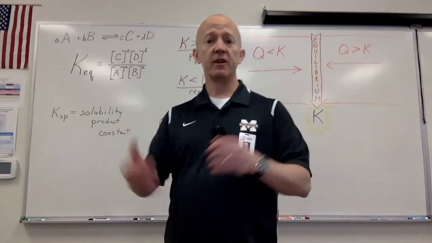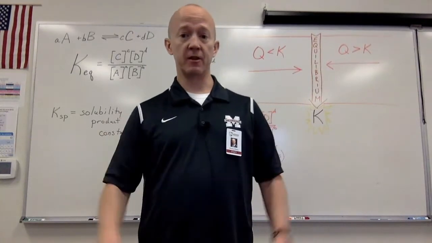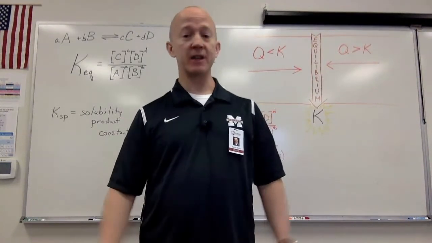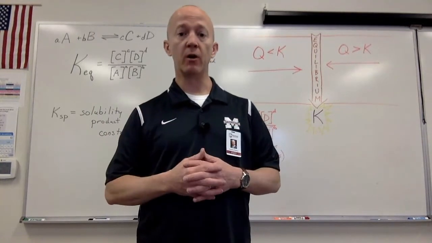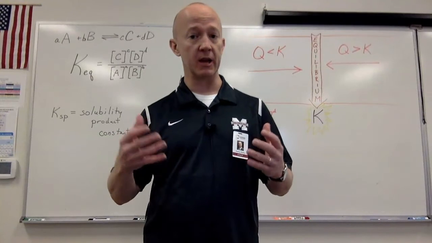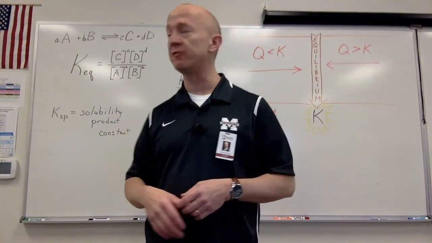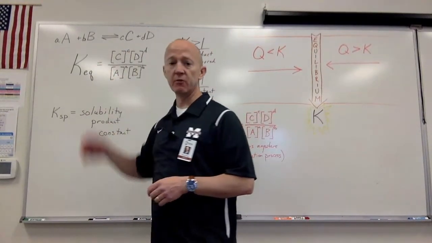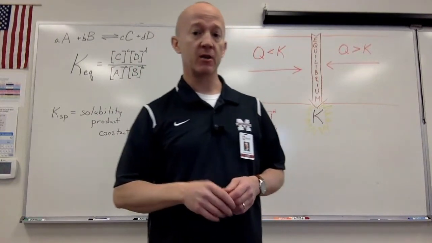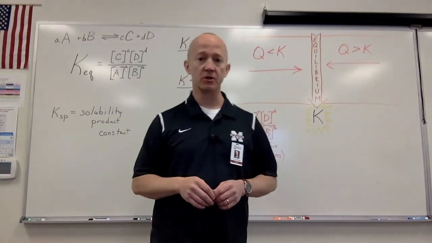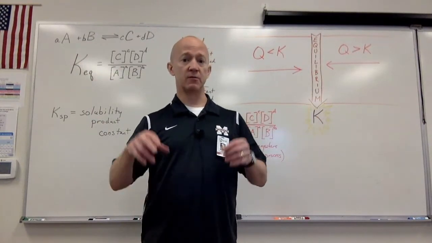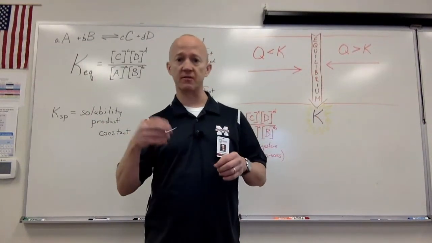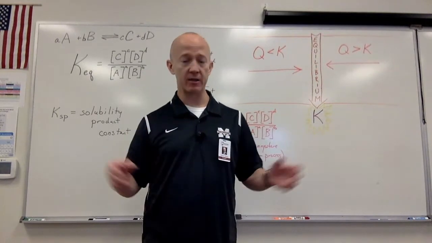So that's the end of the video for today, and it's the end of the videos for the chapter. Wow, here's another one in the books for us. Great job, guys. What did we learn today? Well, first we talked about KEQ again, just to remind us of how to figure KEQ from a given reaction. Then we talked about Q, the reaction quotient, how that can occur anywhere in the reaction, and so we can find Q based on the concentrations of the reactants and products anywhere in that reaction.